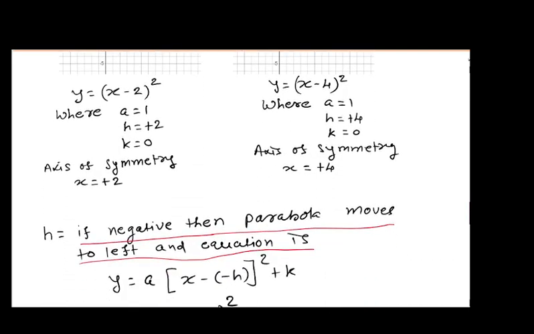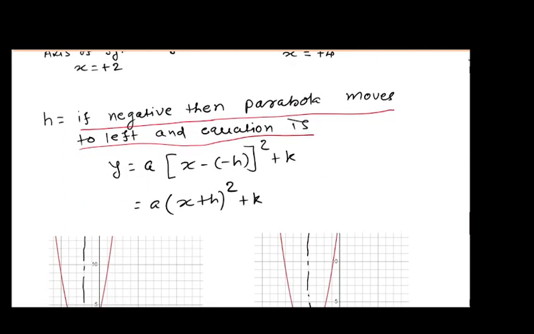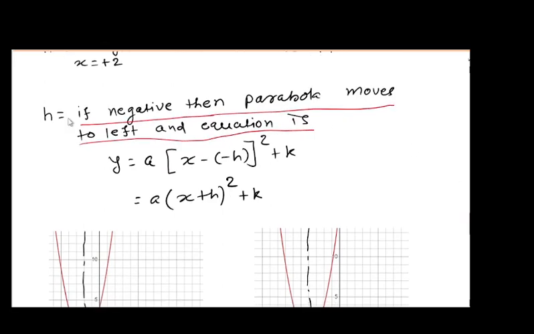Now what happens is, if my h value is negative, then parabola moves to the left, and the equation is y is equal to a into (x minus h). Now this is very important over here, this is minus h, and then we have square plus k. So in that case my equation becomes y is equal to a into (x plus h) square plus k.